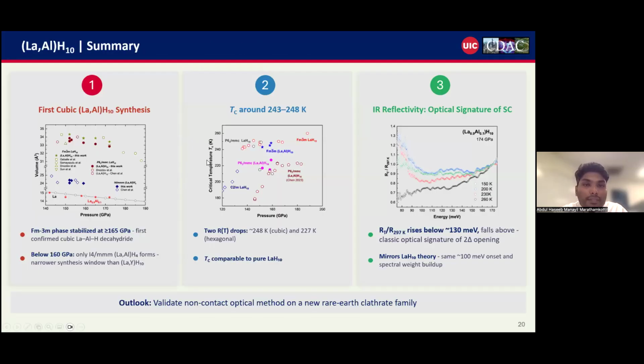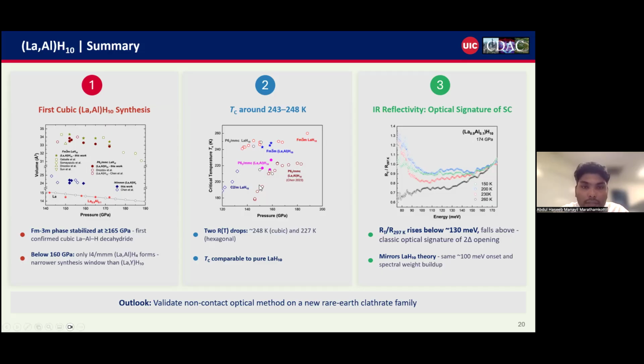So the LaH10 results give us three things. First, synthesis. We have confirmed the first cubic Fm-3m lanthanum aluminum H10 clathrate. The cubic phase forms at pressures of 165 GPa and above, and that's an important practical finding for future studies targeting the system.